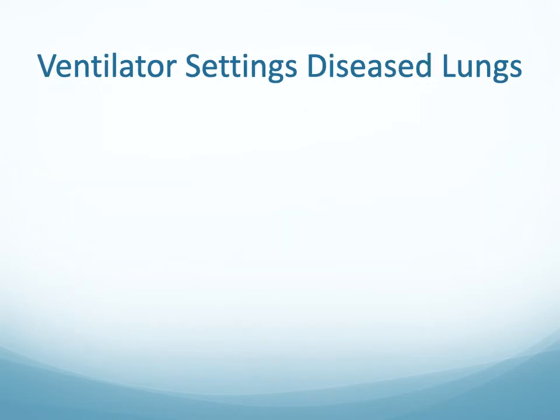For diseased lungs, your settings are going to be very different. Diseased lungs are not as compliant, they're much stiffer, so you need higher airway pressures to expand the alveoli. But you do have to be careful. Too high pressure can cause lung injury.